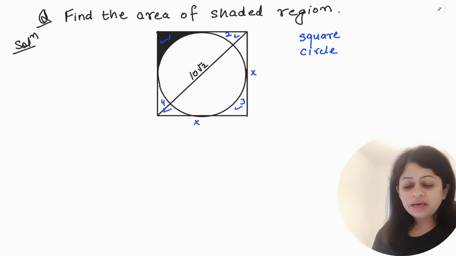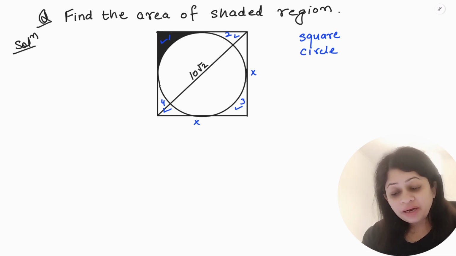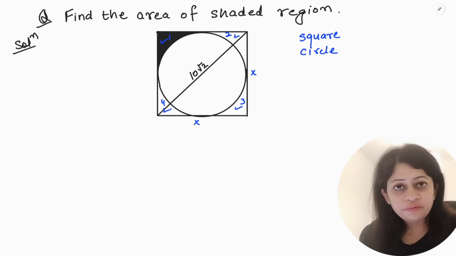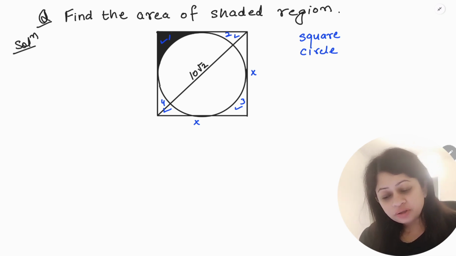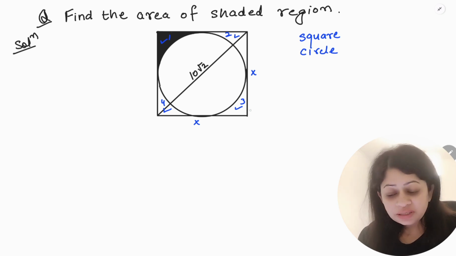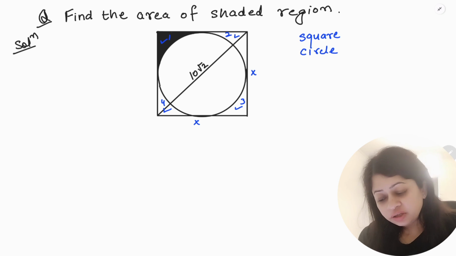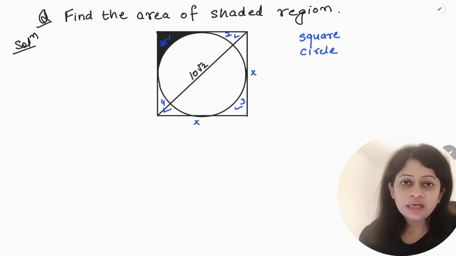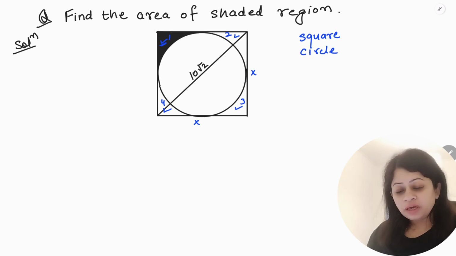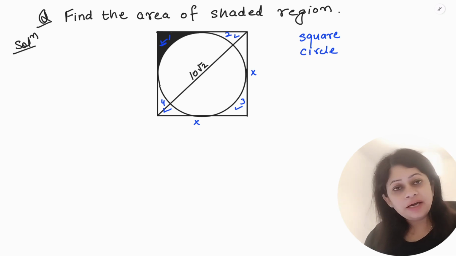So if I find the area of the square first, and then subtract the area of the circle, I will get the area of these four regions. Since I need to find only the area of this shaded region, I will divide the total area by 4, right?